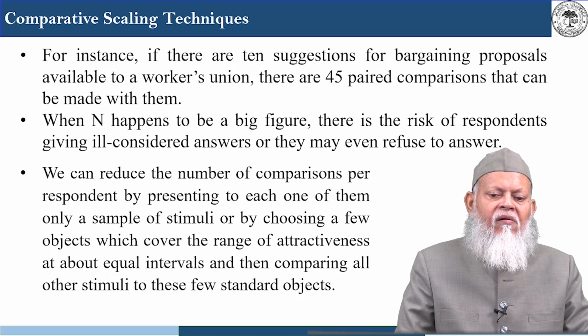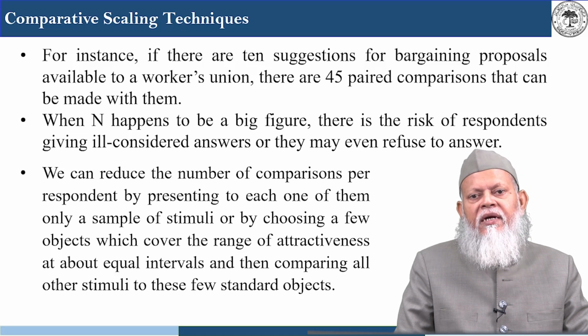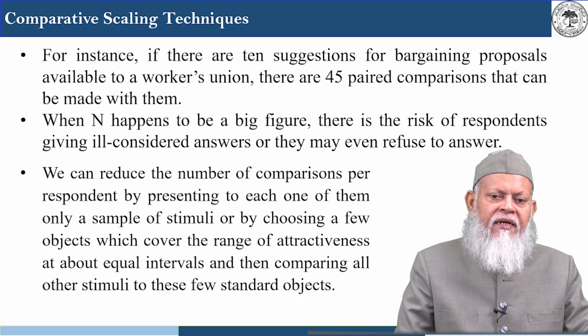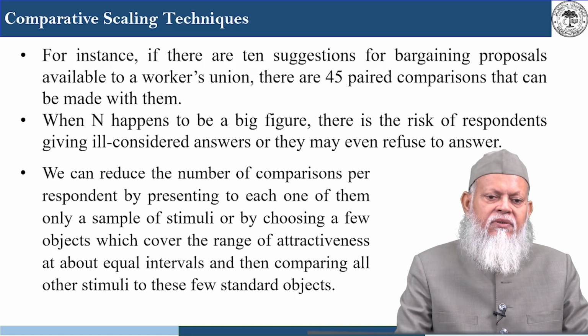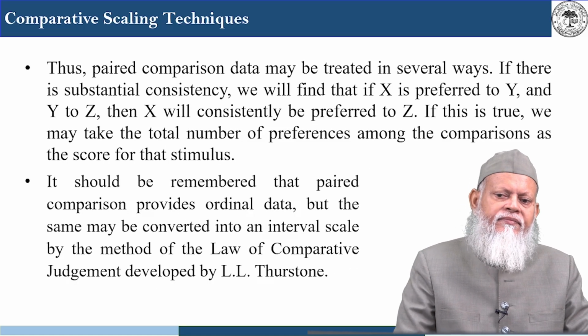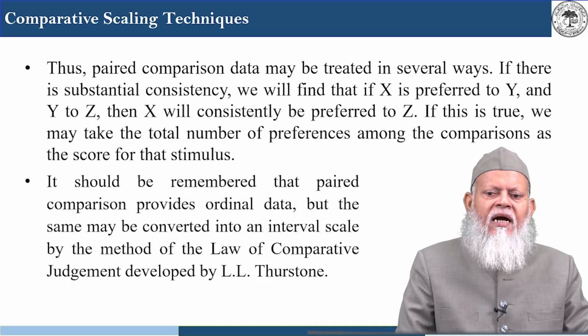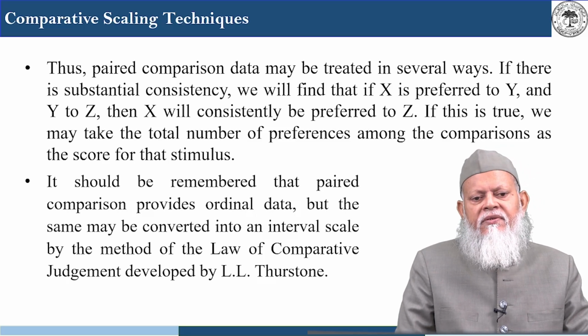So what we have to do is limit the objects or stimuli to a few, which should cover the attractiveness at equal intervals, and then compare all other stimuli to these few standard objects. When we proceed ahead, we shall be getting the gist of it. So, the paired comparison data may be treated in several ways.